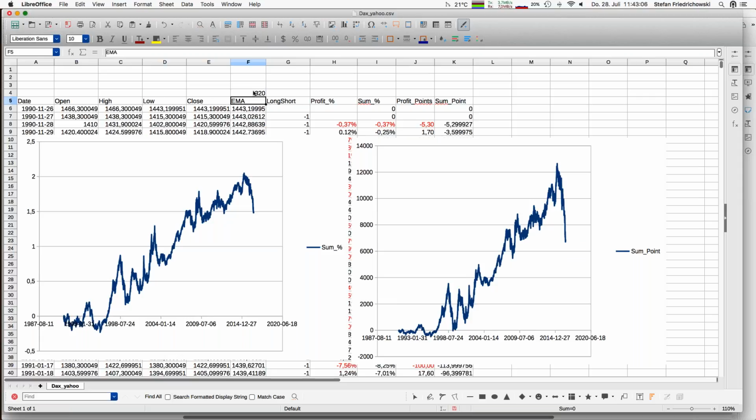So the first answer here is, okay, we have already an idea that this kind of strategy might work. But the question is now, how do we get a good number for that EMA value?